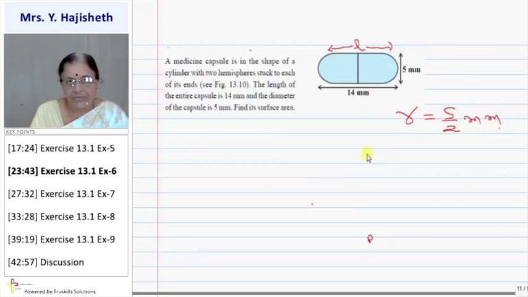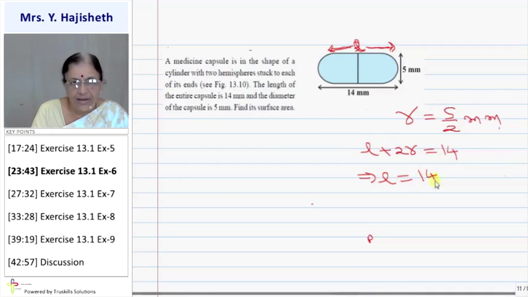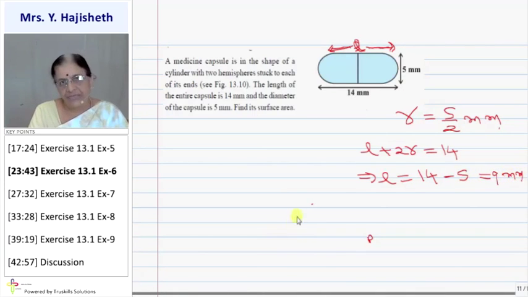What is the length? In this figure, length is only this much. Only this is L. So how to find out length? L plus 2R is 14 given. So L will be 14 minus 2R. 2R means 5. So it is 9 mm. L is with me, R is with me.